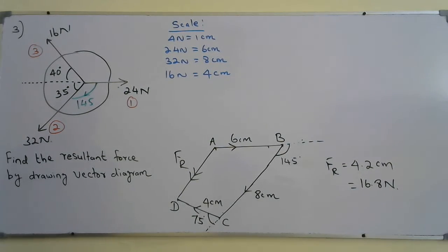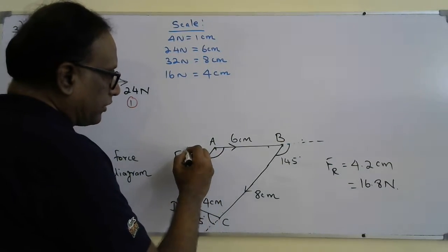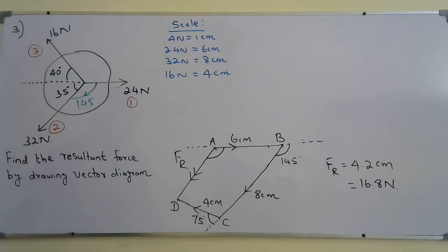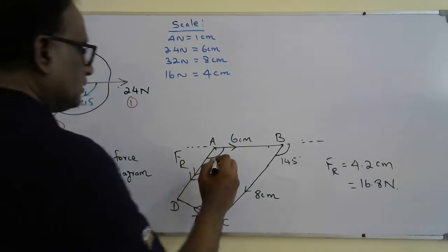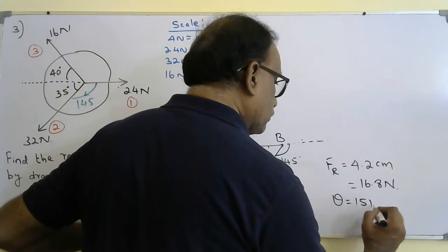And the direction, you can give the angle with this one, or you can measure this angle. If I measure this angle with the horizontal line, that angle theta will be equal to 151 degrees.